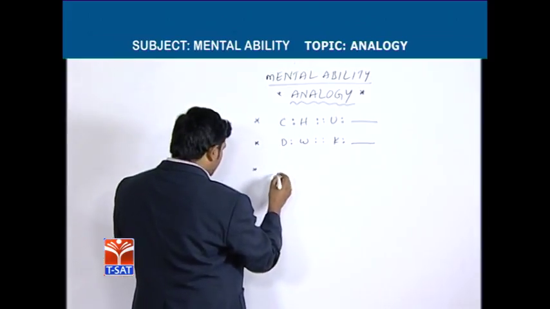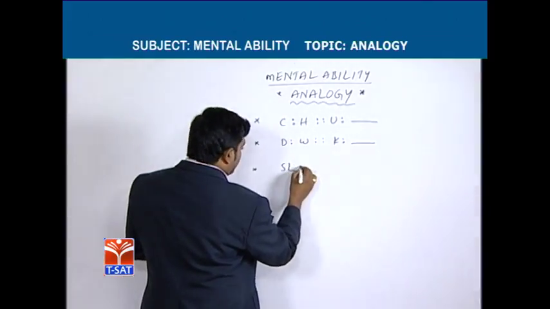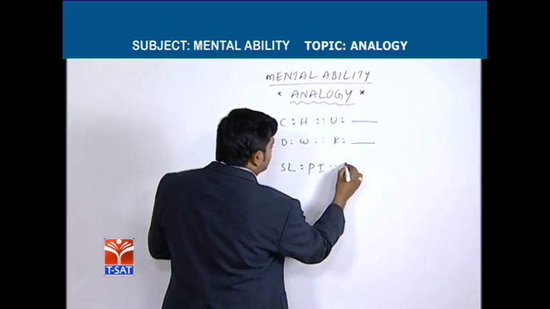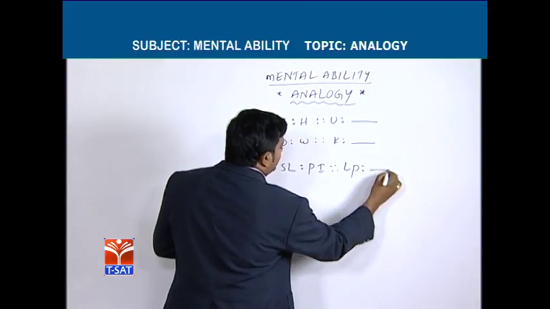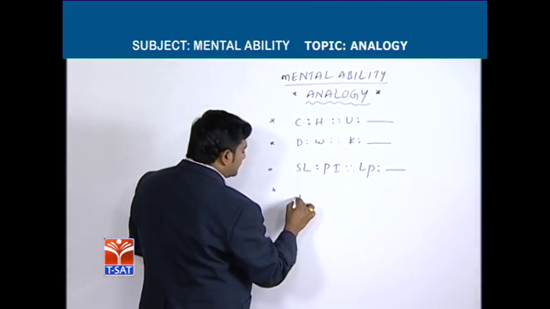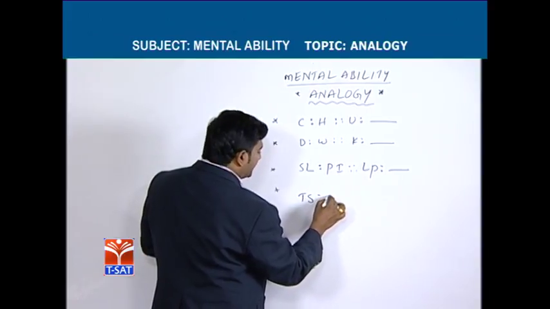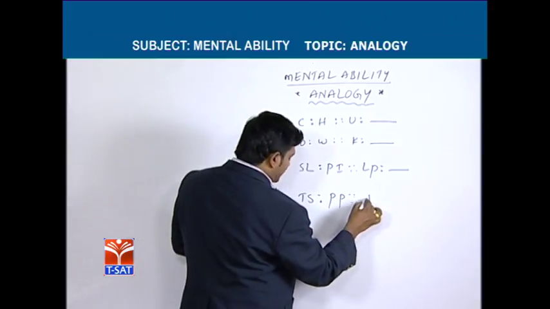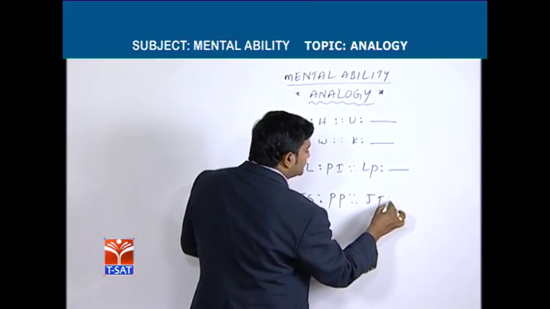Now the third one, S L is to P I as L P is to dash. Next question, T S is to P P as J T is to dash.